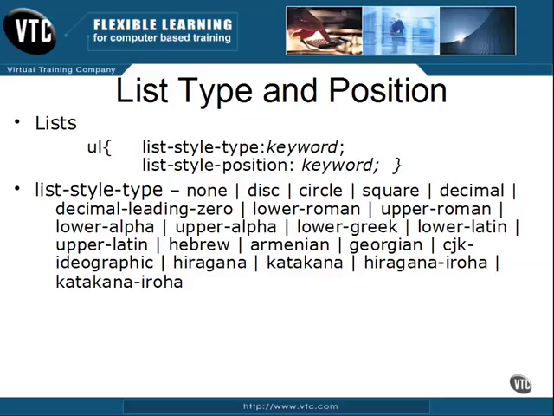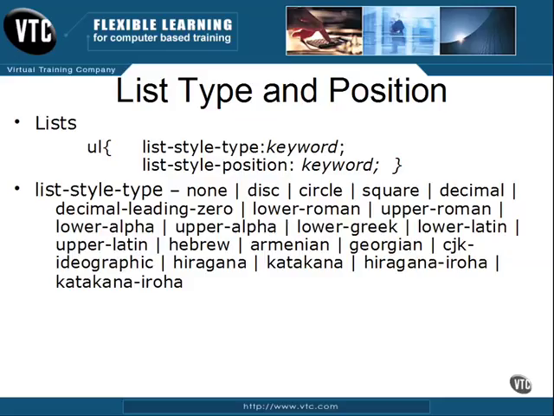So the first item that we see here is the none option. The none option is going to make our list unbulleted or unmarked. So it will remove any type of marker that we may have with our list.